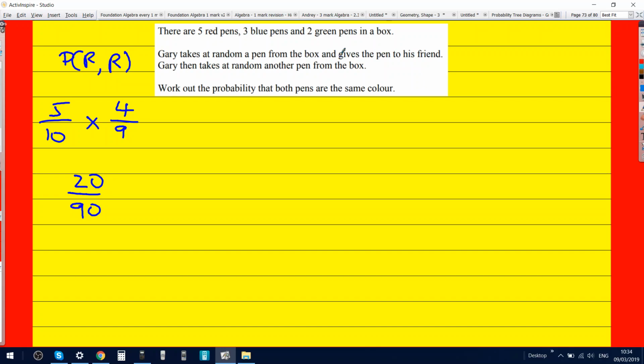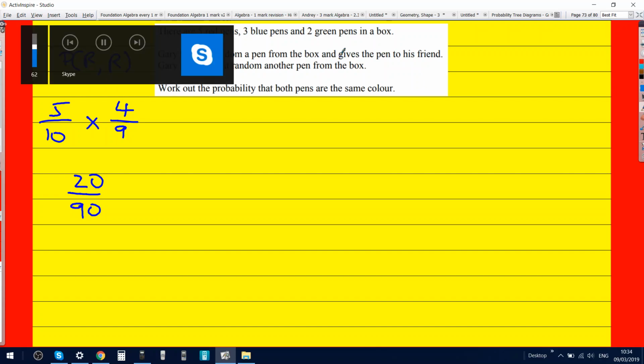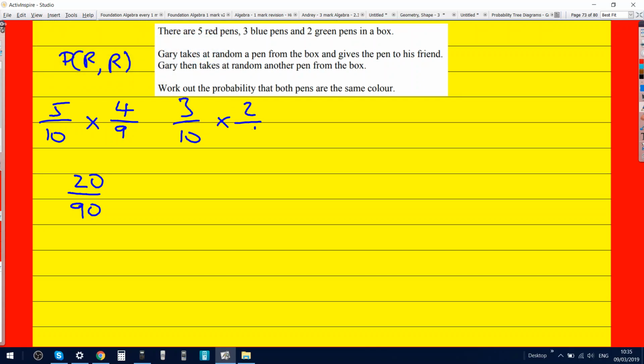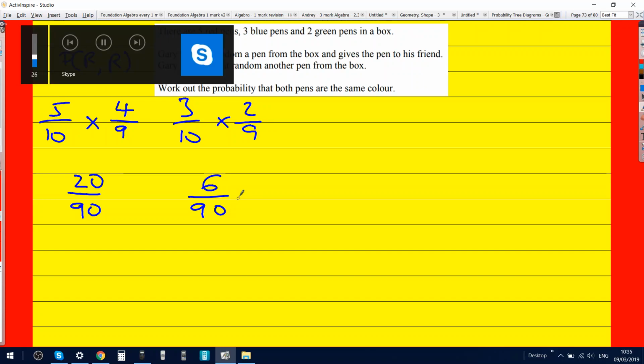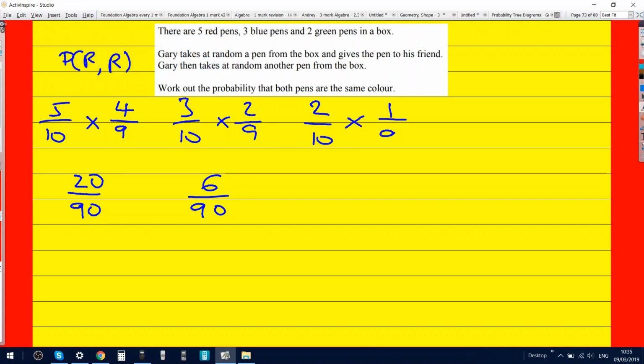How'd you get on there? For the blue pens, I did 3/10 times 2/9 and got 6/90. And then for the green pens, I did 2/10 times 1/9, and that gave me 2/90.